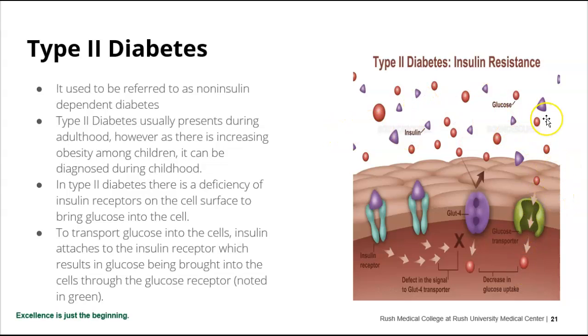As a result, it stays in the bloodstream and it causes a number of issues. And so the problem with type 2 diabetes: with type 1, there's an autoimmune destruction of the insulin-producing cells, but in type 2, there's just not as many receptors as there should be.